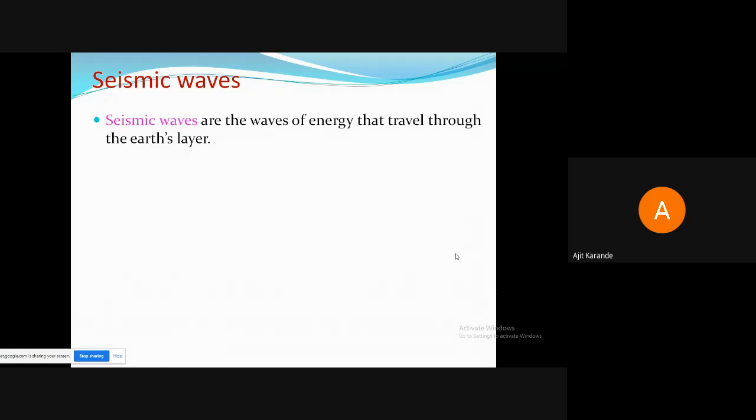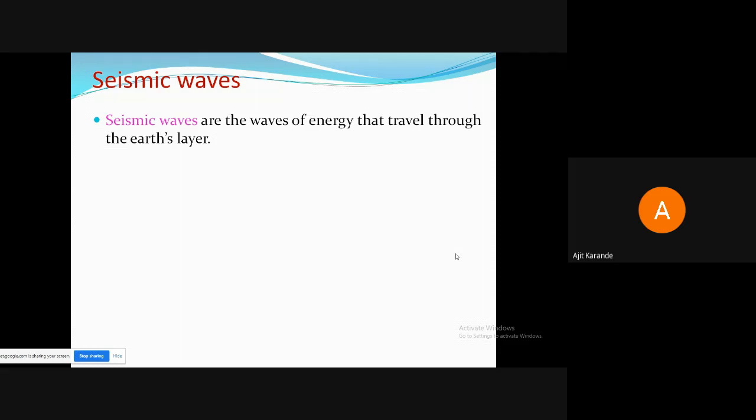So due to the buildup of strain energy between two plates, after this strain energy is released, some elastic waves are created, and these elastic waves are generally called seismic waves. Seismic waves are waves of energy that travel through the earth's layers.